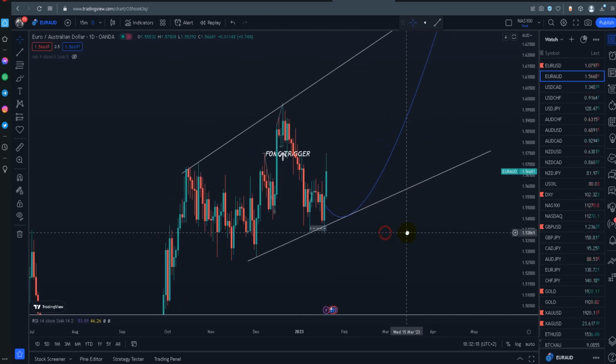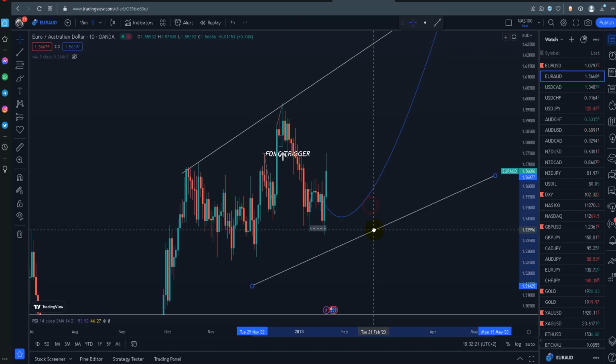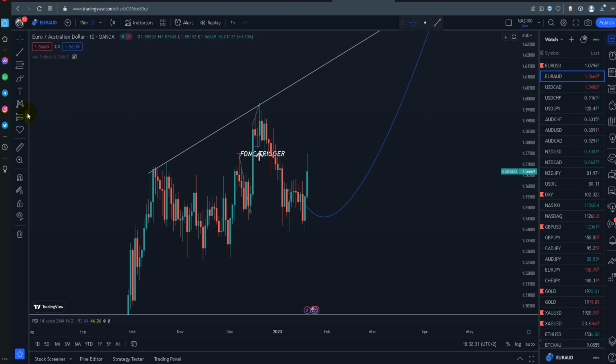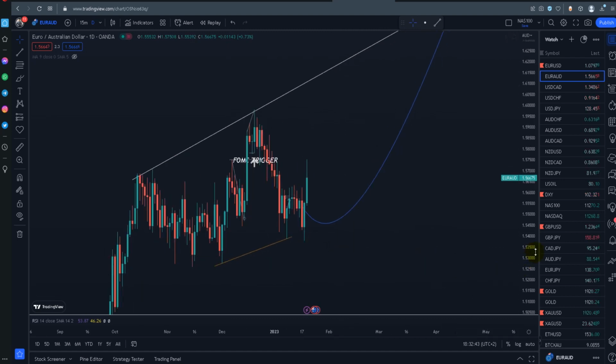Very simple. Let me delete that. So from 3 days ago, the daily market data only had these two green candle wicks.